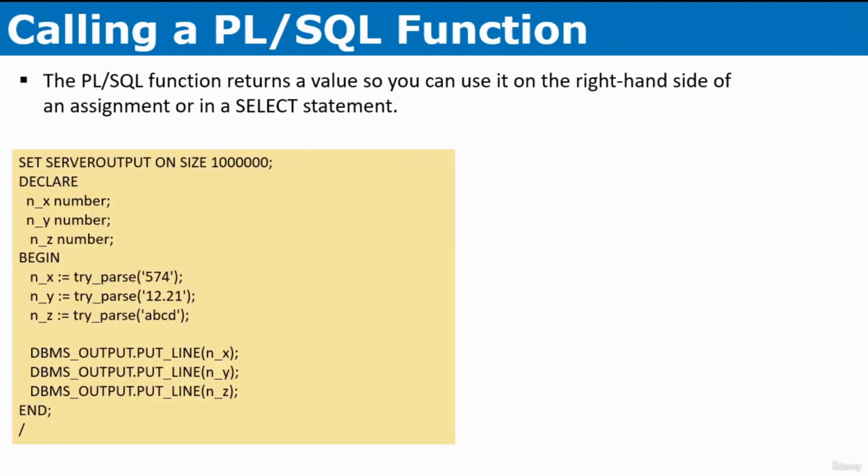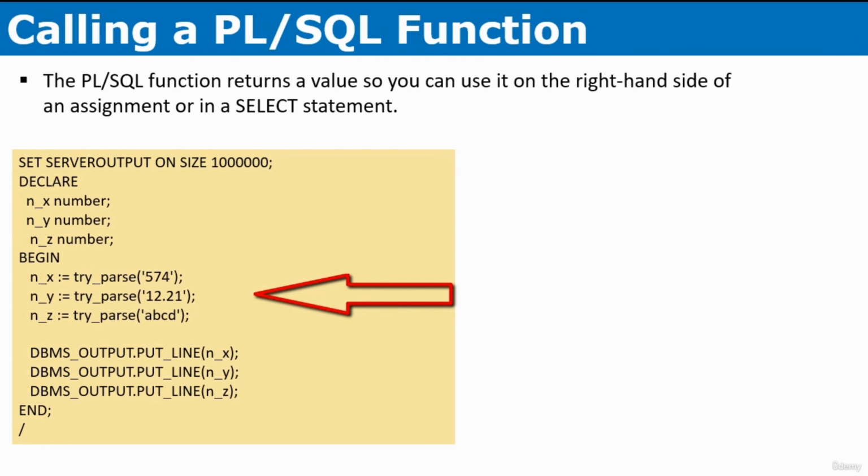So this is the anonymous block that is going to be used to execute the try_parse function. In the anonymous block, I've declared some variables, but I have not initialized them inside the declaration section. The variables are initialized in the begin section of the block.